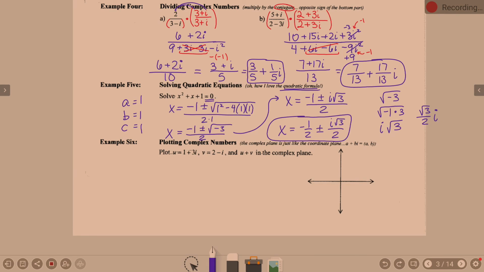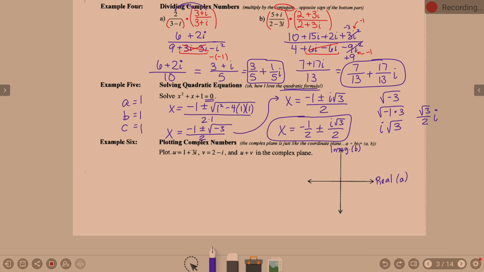Okay, when we go to plot an ordered pair, we usually have an x-axis and a y-axis. Except we don't have an x-axis and a y-axis when we're plotting complex numbers. We have a real axis, which is represented by A, and we have an imaginary axis, which is represented by B. So you have an A-axis and a B-axis, essentially.